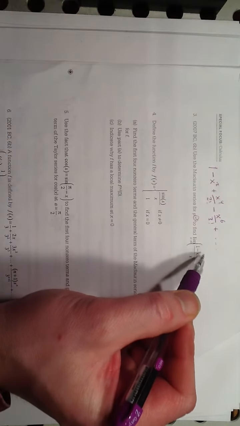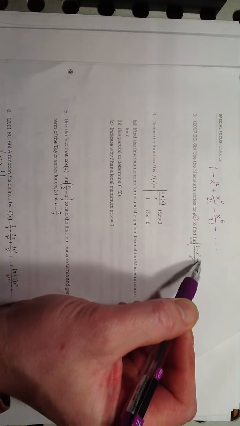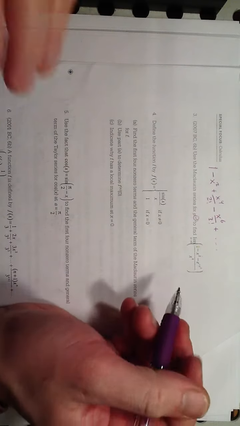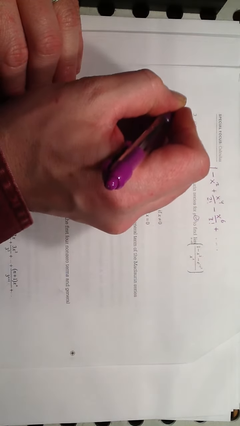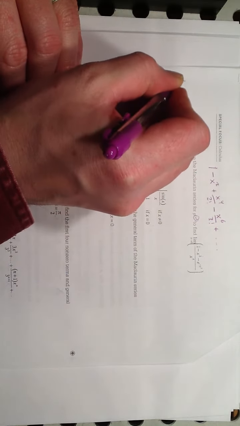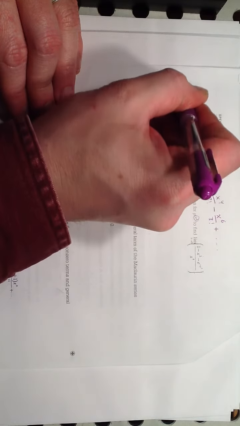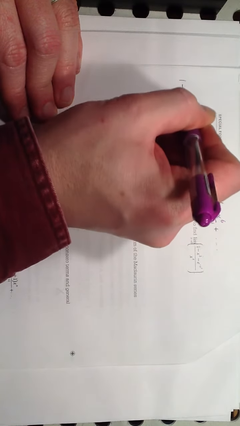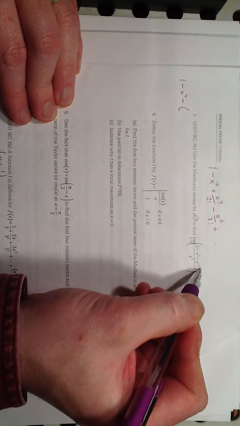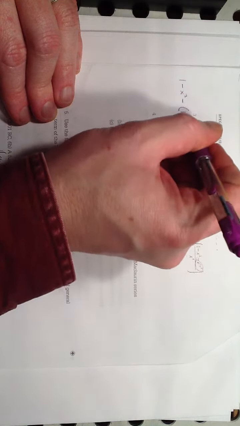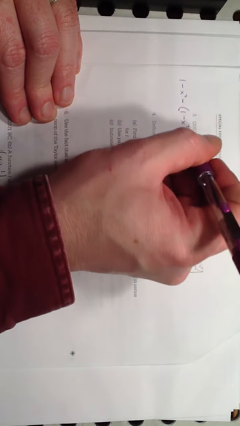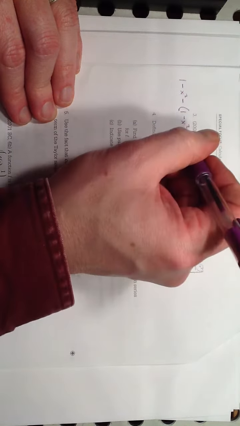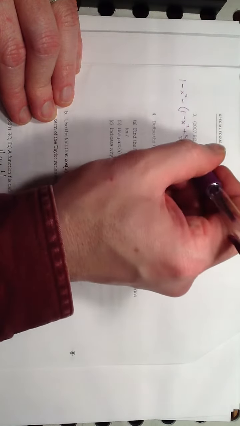We got 1 minus x squared minus e to the negative x squared. So, 1 minus x squared minus, and now that I have the series for this, I'll substitute that in. 1 minus x squared plus x to the 4th over 2 factorial.